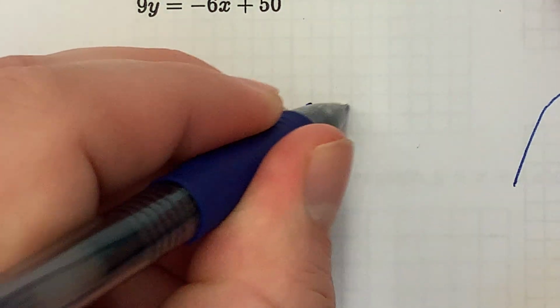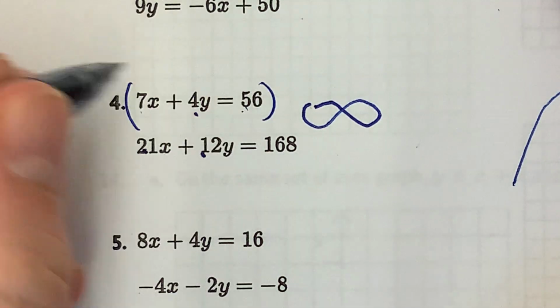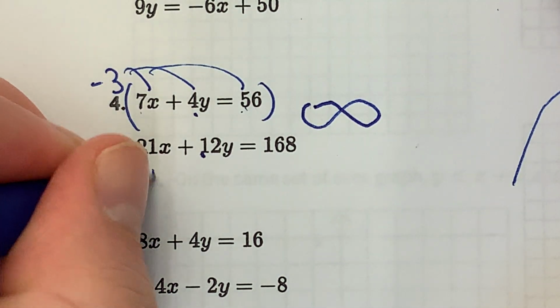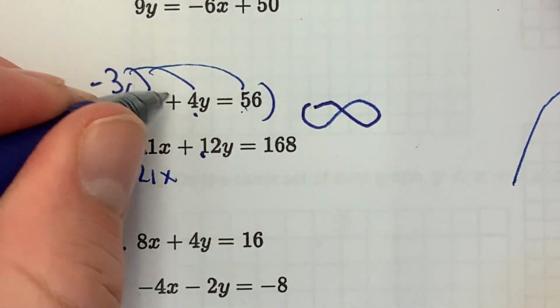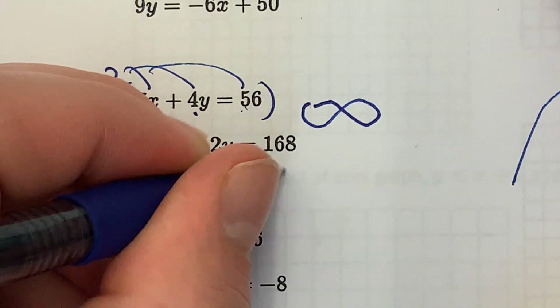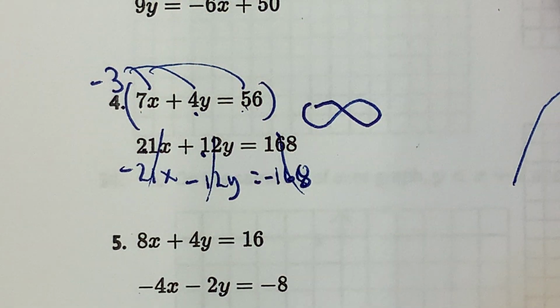So this is infinity. Because I would multiply everything by a -3, right? And I mean negative 21x and negative 12y and negative 168. And cancel. Infinity. Okay.